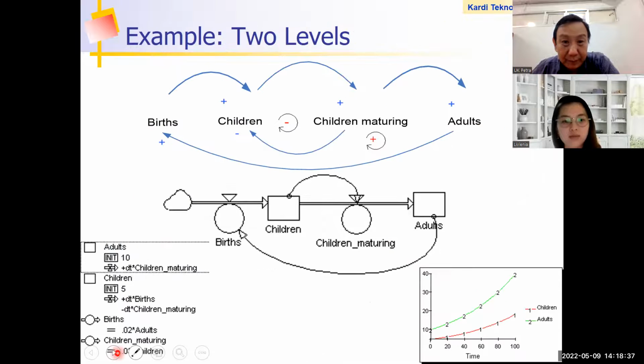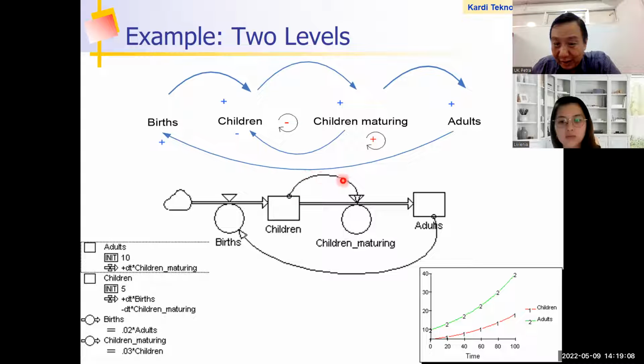Okay, so here, this is the CLD, and this is the SFD, and this is the equation, and this is the result. Now we have two levels. Children depend on the number of births.